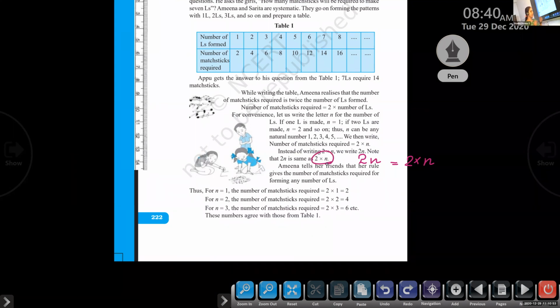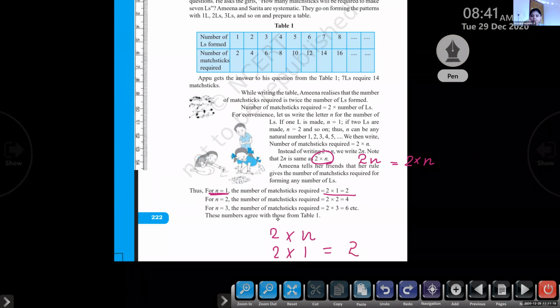Now I need not write the multiplication sign in between. We can write simply 2N. 2N is 2 into N. So for N equal to 1, the number of matches required is 2 into 1 equal to 2. Instead of N, we give 1 first. So what is the answer? 2.